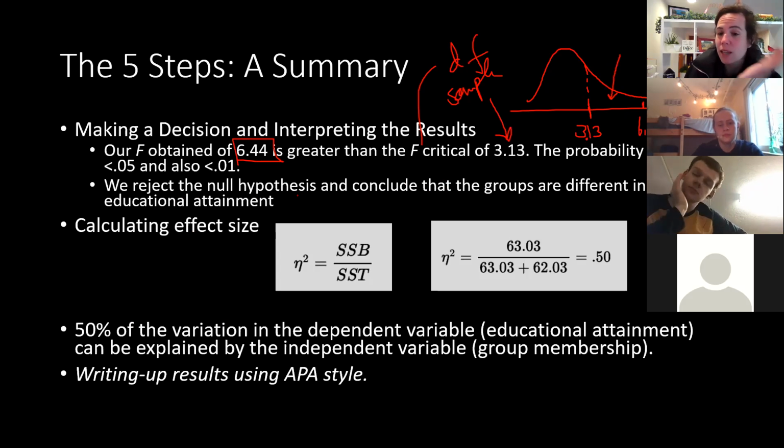Again, I cannot say which one has more or less. This is not the point of this analysis. It just states that they're not equal. They are not the same. We are not going to be doing effect size for this class. It's kind of beyond all of it, so we can skip this.